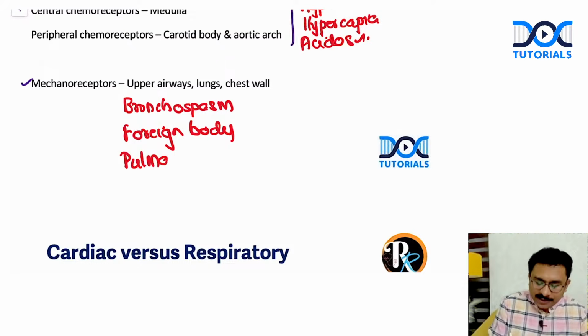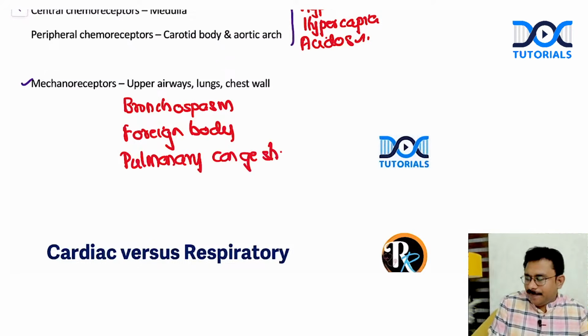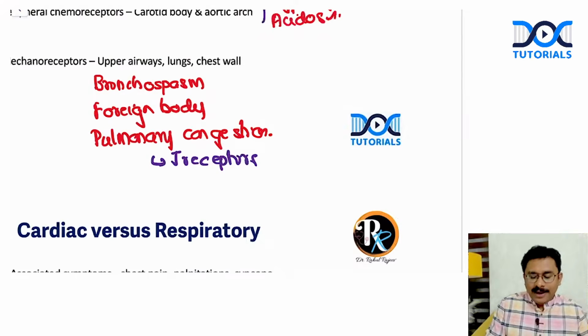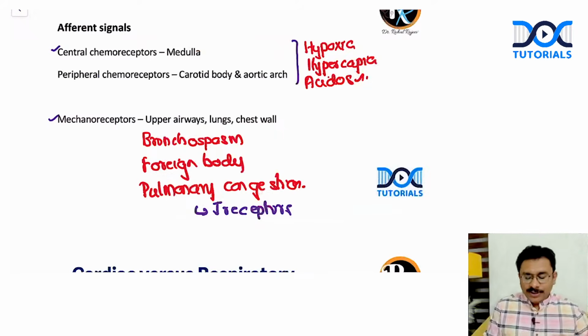And pulmonary congestion can result in stimulation of what receptors? Can somebody tell me? Pulmonary congestion, can somebody tell me? J receptors. So J receptors are getting activated. Okay, right. So these points are important.